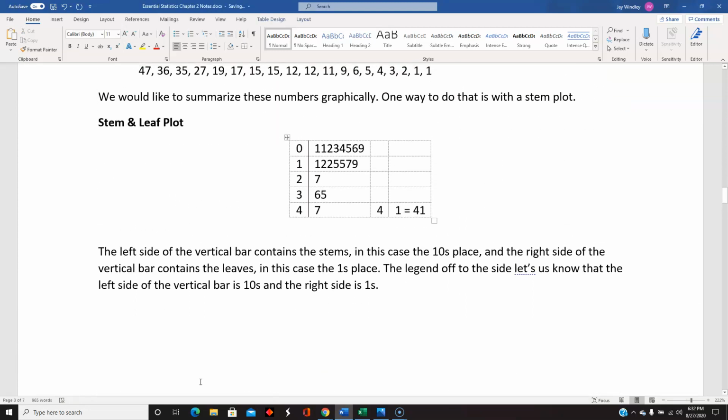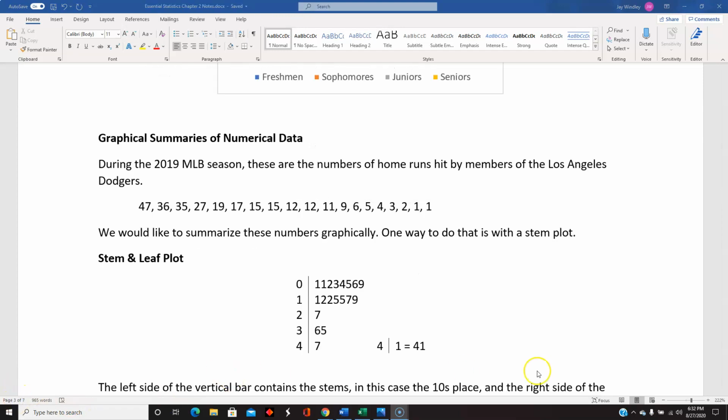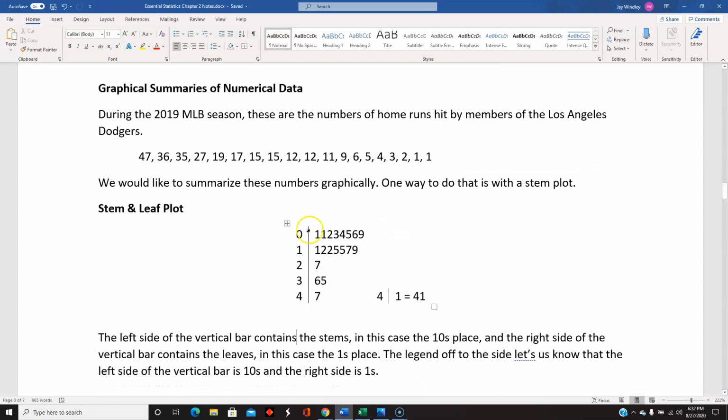With a stem and leaf plot, we basically have a vertical bar with stems on the left side of the vertical bar and what we refer to as leaves on the right side of the vertical bar. In this case, the Dodger home run data is mostly two-digit data, so we just need stems to represent the tens place, 10s, 20s, 30s, and 40s, and then the leaves will represent the ones place.